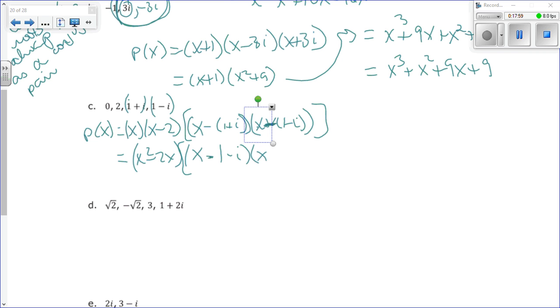That's my bad. So it would be minus 1 plus i. And I can group inside. I have an x minus 1 and an x minus 1. So it's x squared minus 2x times x minus 1, the quantity squared, and then it would be minus i squared.